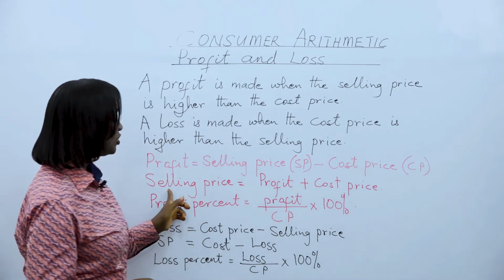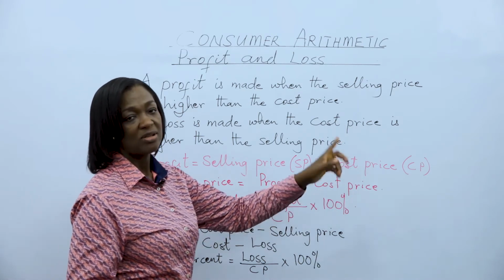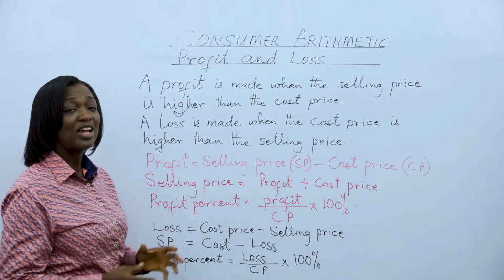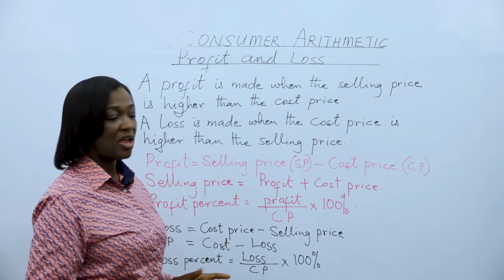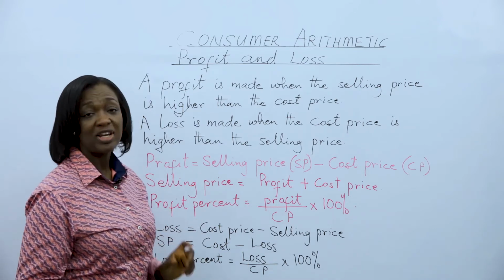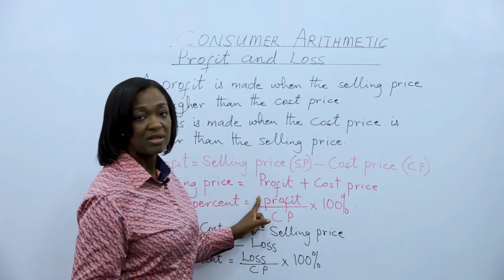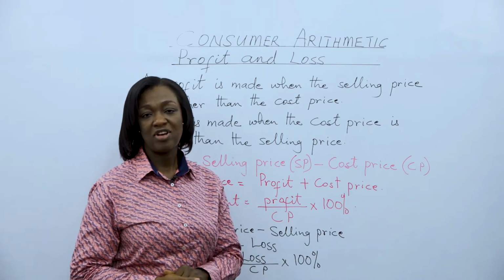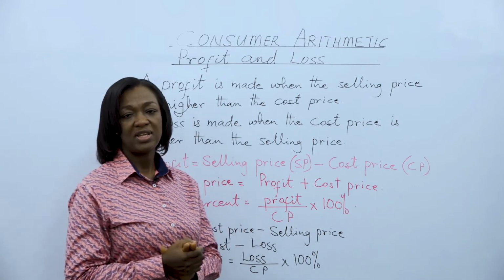The selling price will then be profit plus cost price. And then to calculate profit percent, what percentage of profit have you made? The profit percent is calculated by dividing the profit by the cost price and multiplying by 100%. That is how you calculate profit percent.